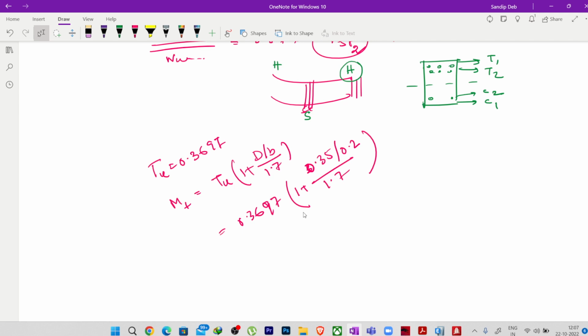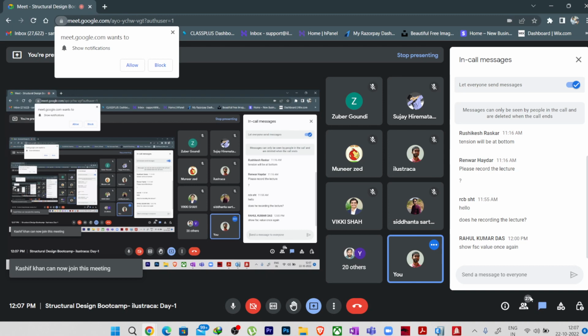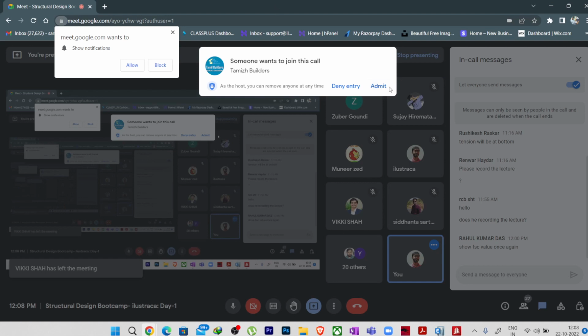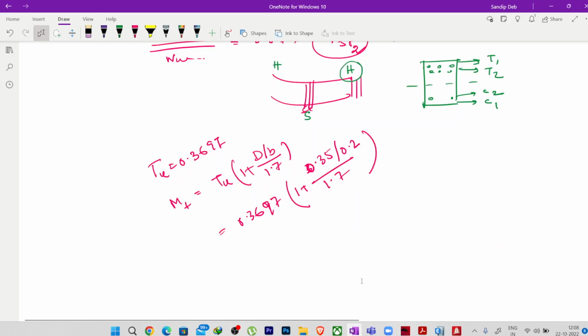So what answer are we getting for the formula? You all can do it and let me know. Please let me know what the answer is. Are you guys doing it? Please do it. Let me show you.